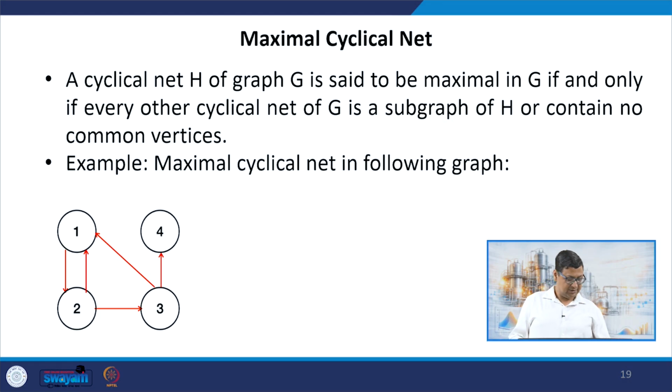Now, that cyclical net can also be what is known as a maximal cyclical net, and this concept we will use quite a bit in this course. A cyclical net H of a graph G can be said to be maximal in G if and only if every other cyclical net of G is a subgraph of H or contains no common vertices. So let's take this example. We had two cyclical nets.